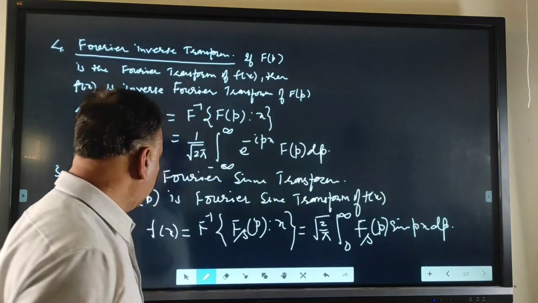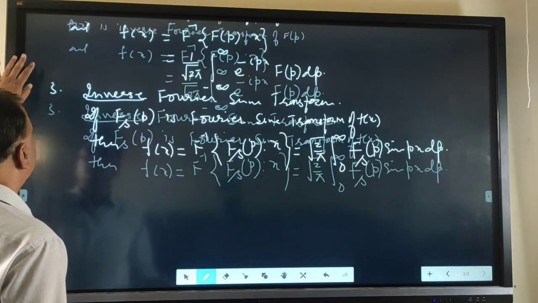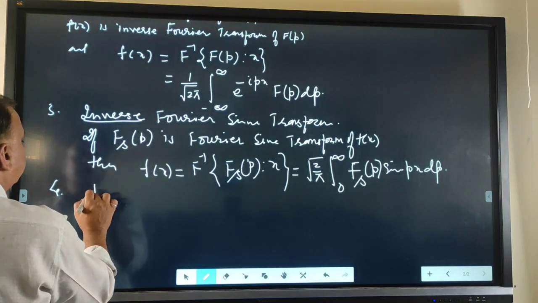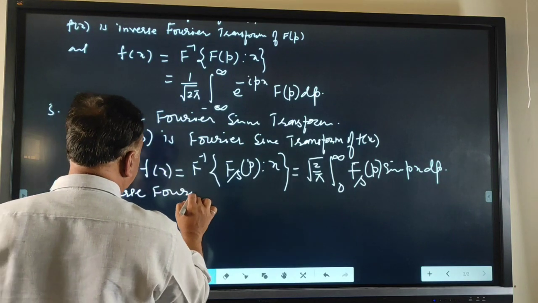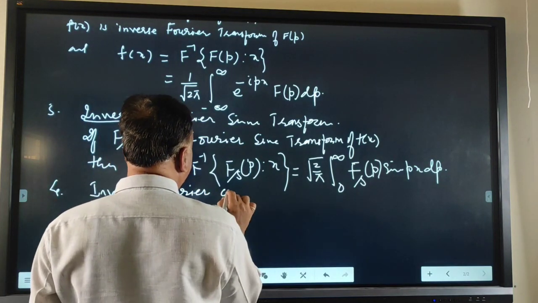Similarly, the inverse Fourier cosine transform.